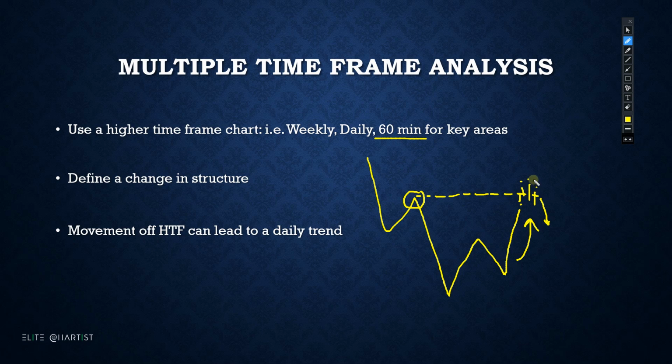Now, if you were to get a rejection at a level like this, let's say this is even a daily time frame, and you get a big wick, and you start to get a rejection at this key area, remember, we're intraday traders, some of us, that can lead to a complete downtrend from at least an intraday perspective. So even if we were to continue on higher, the fact that we hit this higher time frame level, even a small move off of it, this can be a whole 1 day down candle.